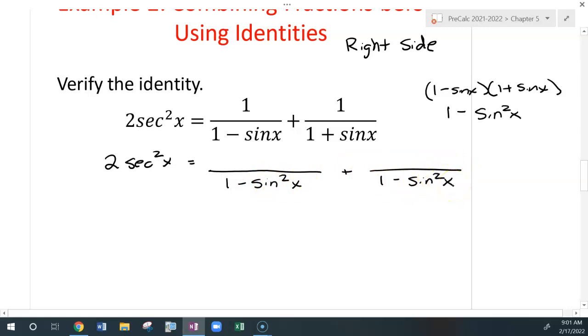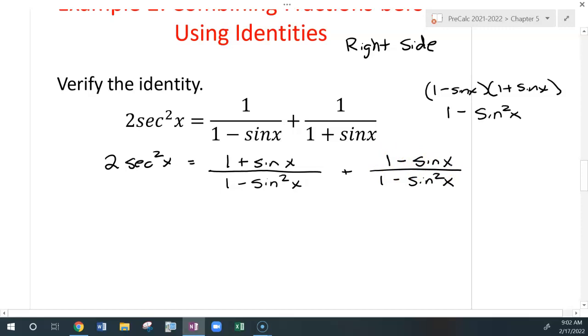That means that this 1 in this numerator, I have to multiply by 1 plus sine of x. So I get 1 plus sine of x. This second fraction, I have to multiply this numerator by 1 minus sine of x. So I get 1 minus sine of x.